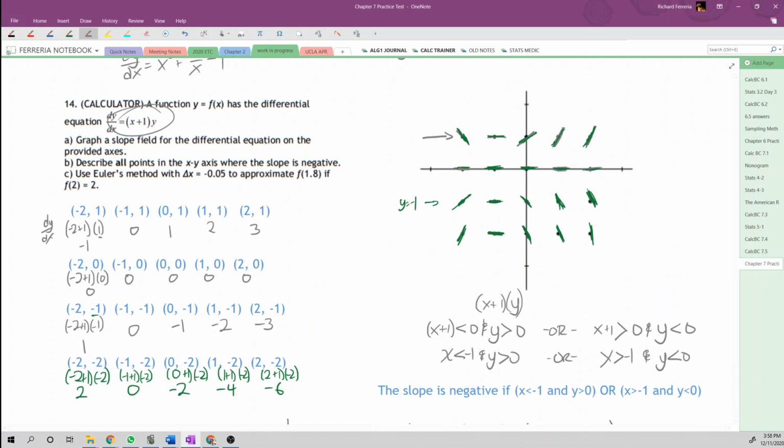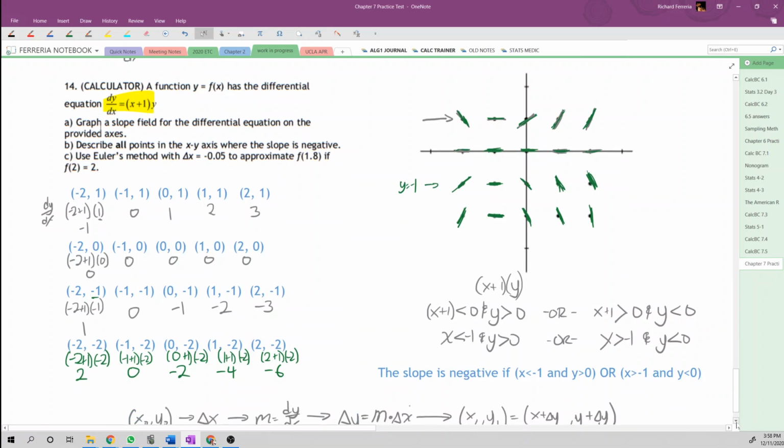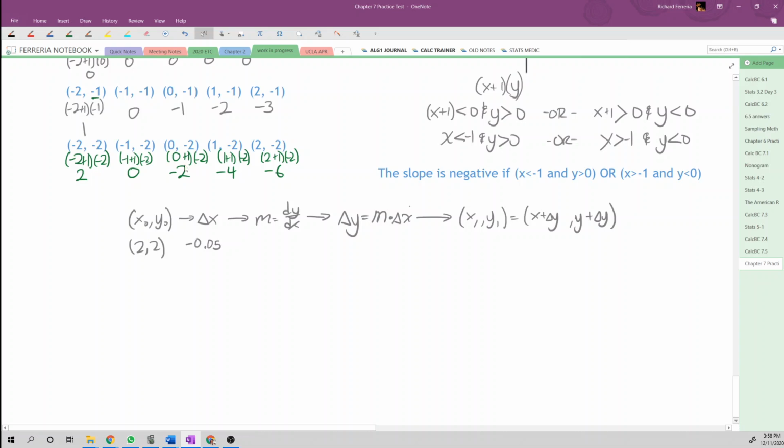And I got that from dy/dx over here. That's still going to be our dy/dx, even if we have moved on to letter C, because nothing else has told us that we have a new dy/dx. So our dy/dx is 2 plus 1 multiplied by 2, which is 2 times 3 is 6.